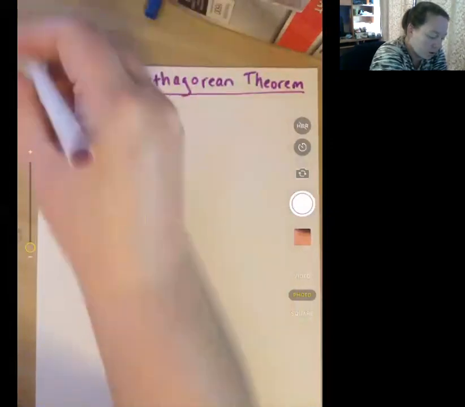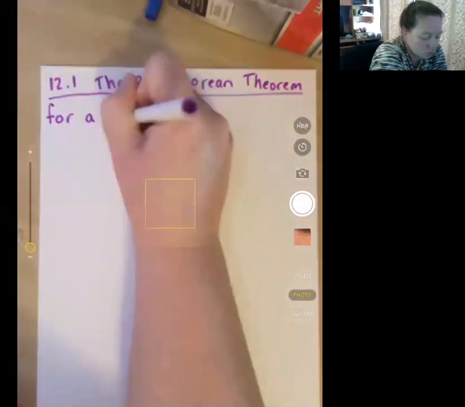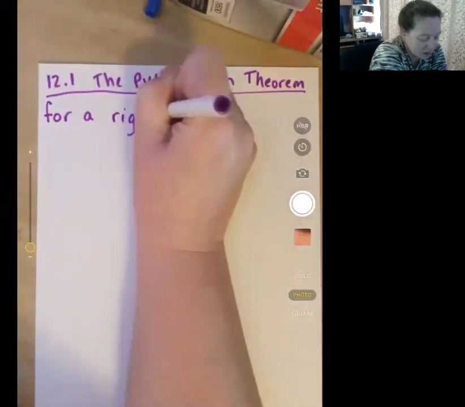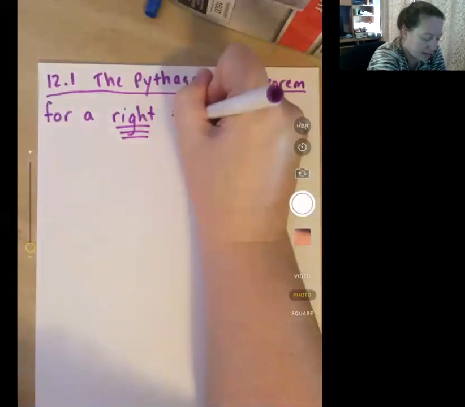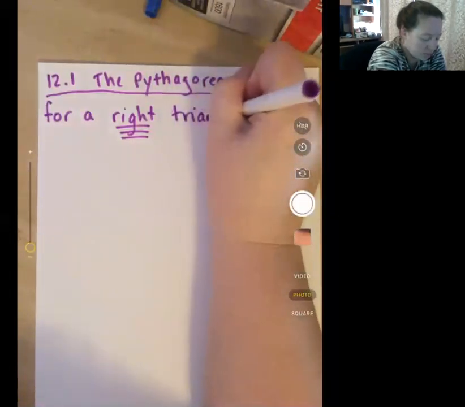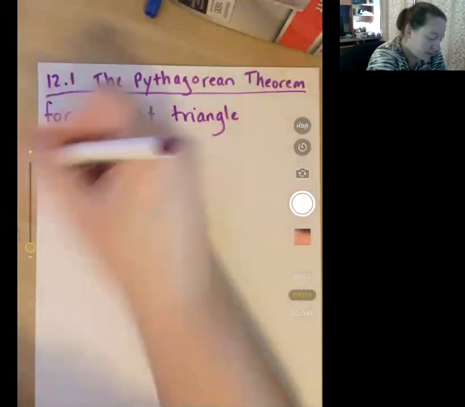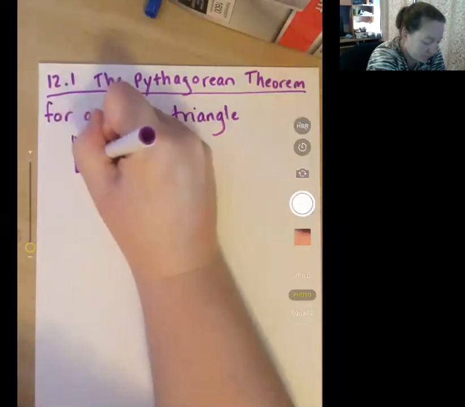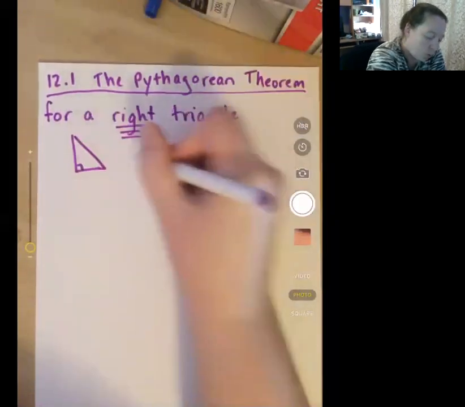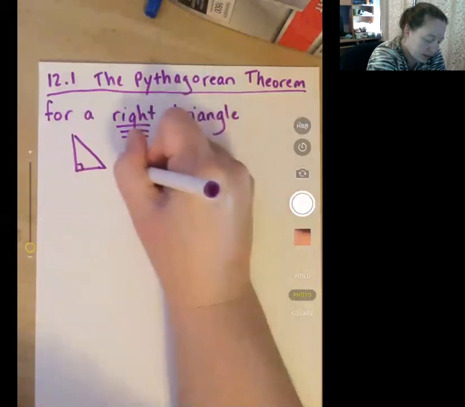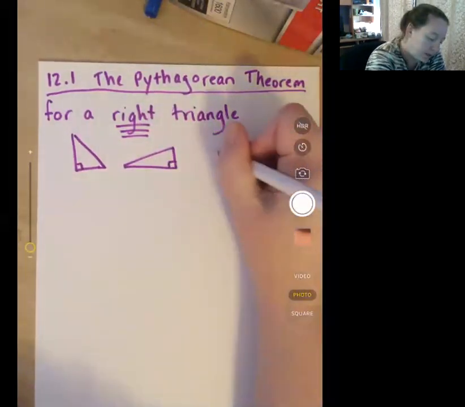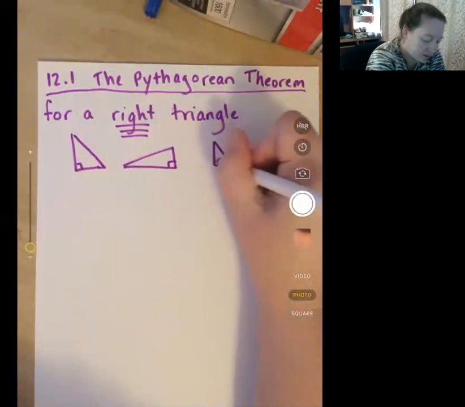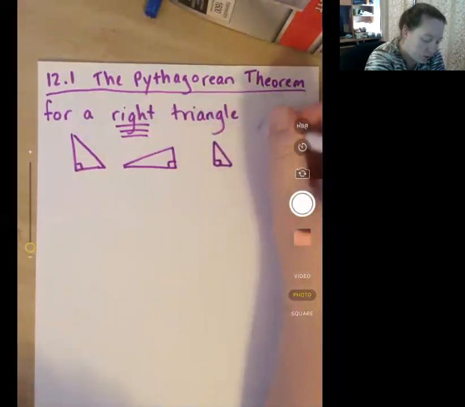So for a right triangle, that means it looks like this, or it looks like this, or it looks like this.